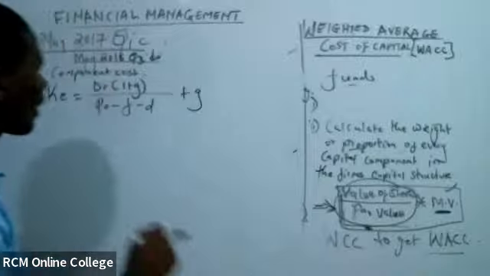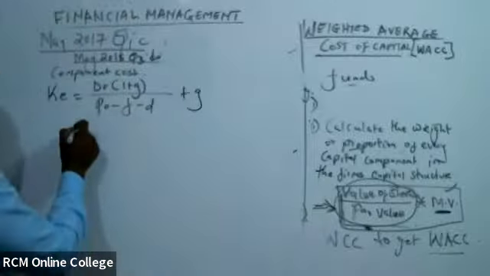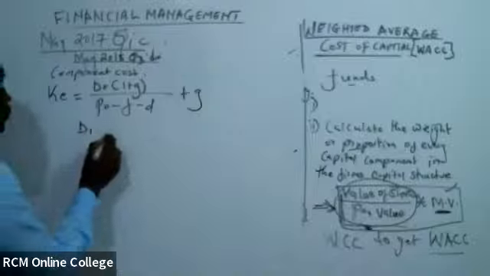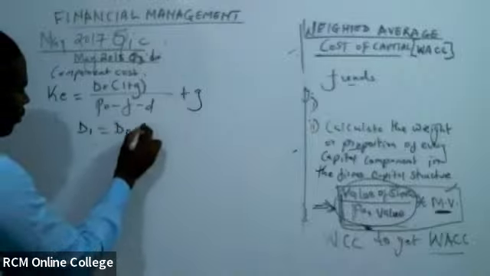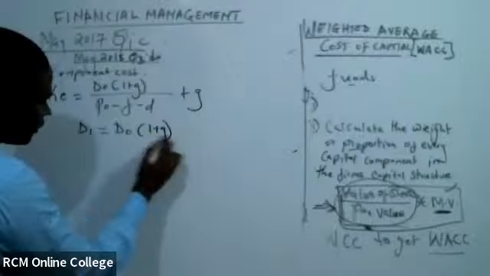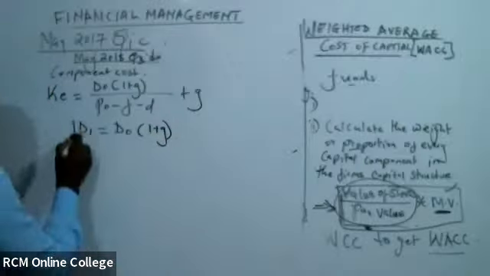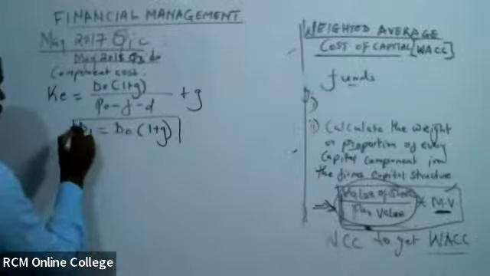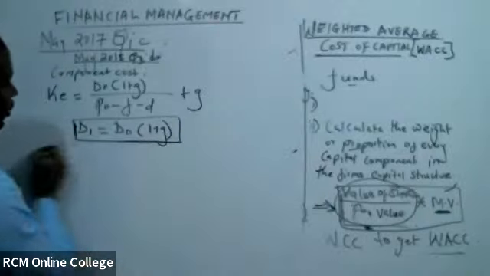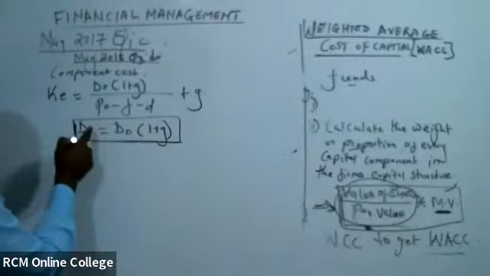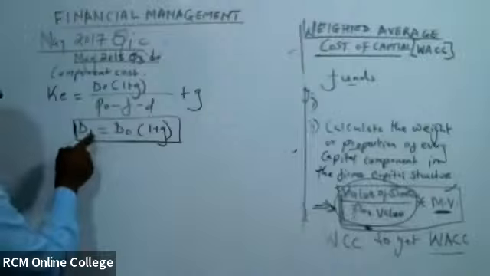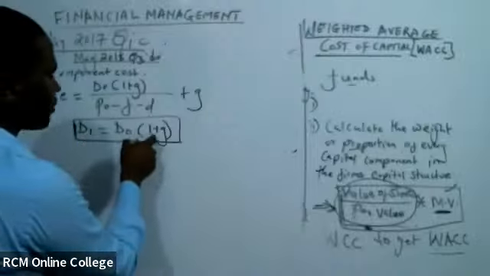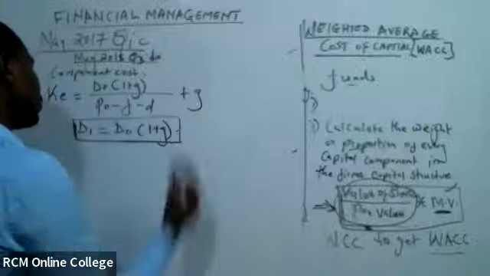We already have D1. And for the new students, please note this: D1 is equal to D0 times 1 plus G. Hold on to that, this is important. Most of the students fail this question because of failing to understand that D1 is equal to D0 times 1 plus G. We grow that to get D1.